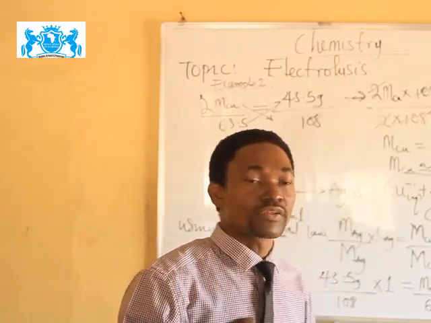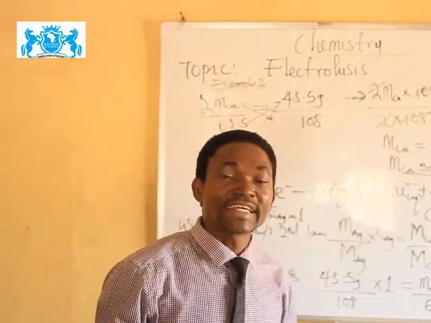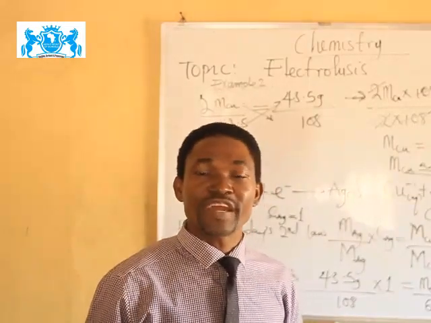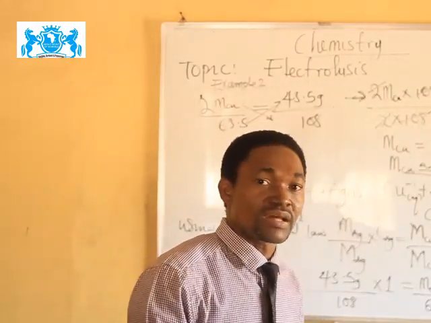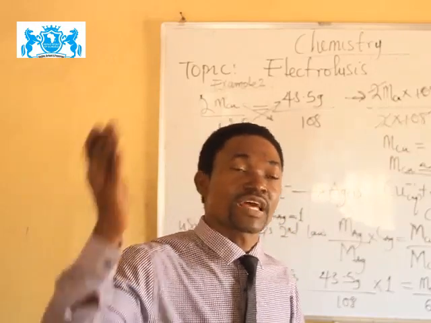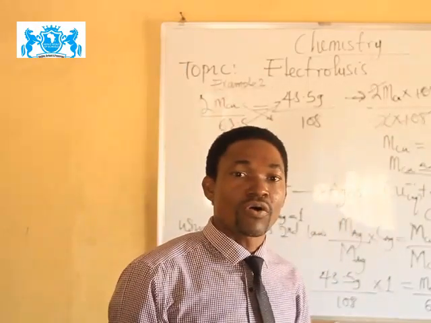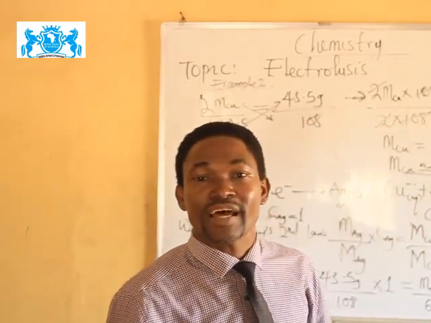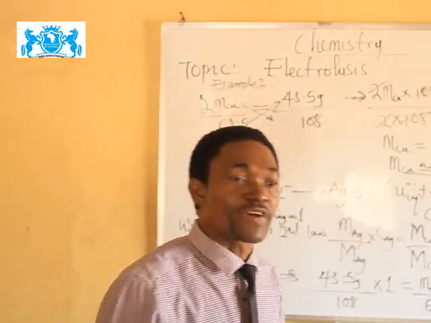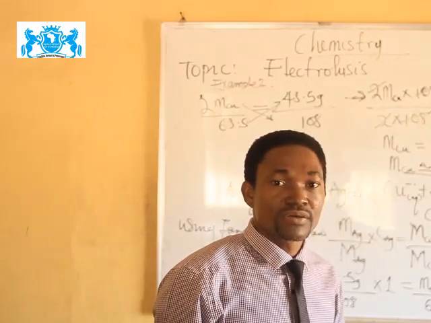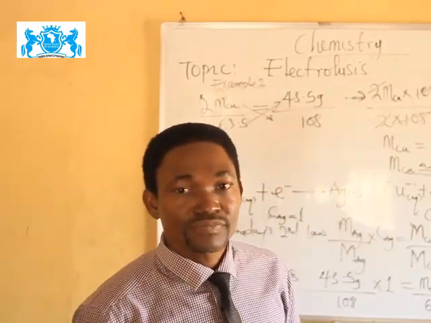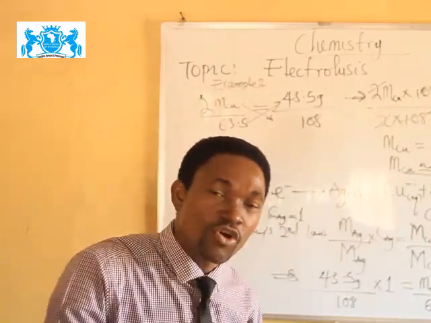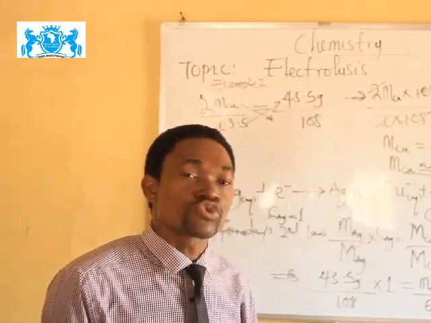Number 2, electrolysis is applied in electroplating of metals to prevent rusting, like iron being electroplated with steel, or other metals being electroplated with a metal that does not corrode. That prevents corrosion. And number 3, electrolysis can be applied in coating of objects like jewelry.